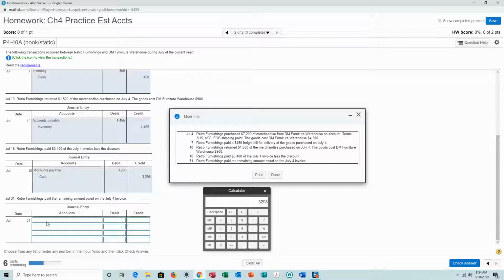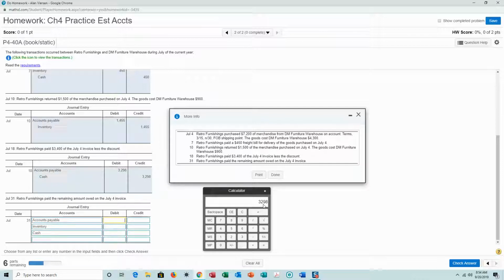When you're outside of the discount period, we're going to debit accounts payable because we're still paying off the payable. We're going to debit inventory, and this is what's different. We have to add the amount of the discount lost to the inventory because the inventory now actually cost us more. And the cash is going to take care of these two added together.